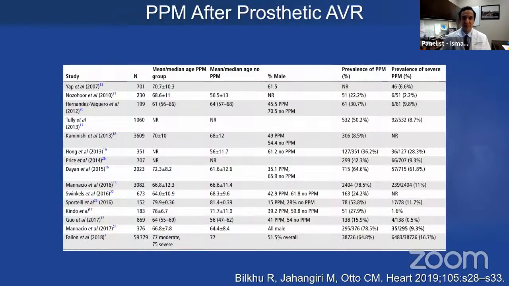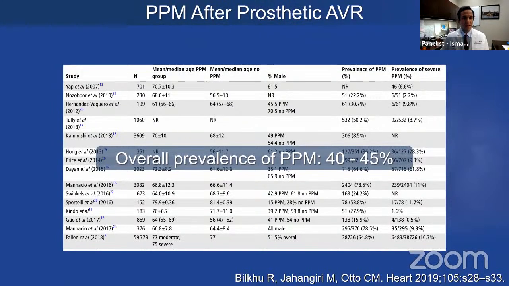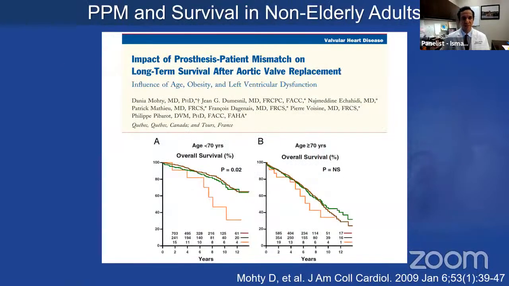And patient prosthesis mismatch is a very prevalent problem after aortic valve surgery. This is a recent review by Catherine Otto showing that almost 40 to 45% of patients who leave the hospital after aortic valve replacement have either moderate or severe patient prosthesis mismatch. How relevant is patient prosthesis mismatch?